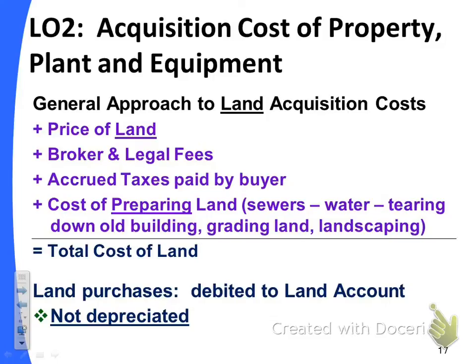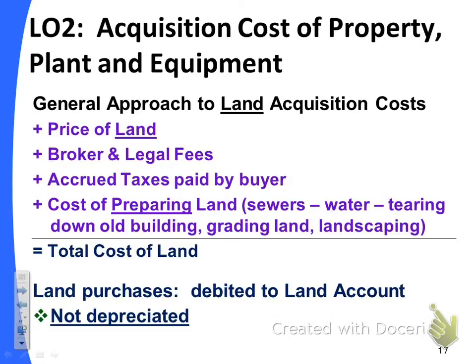They've paid three months' worth of taxes, October, November, and December, when they're not going to have use of that land for those three months. So we have to reimburse them for the taxes they paid up front, because they're not going to technically own the property anymore. Then there are any costs associated with preparing the land for whatever we would like done on it. If we're going to put in sewers or water lines, that would all be included in the land acquisition cost.